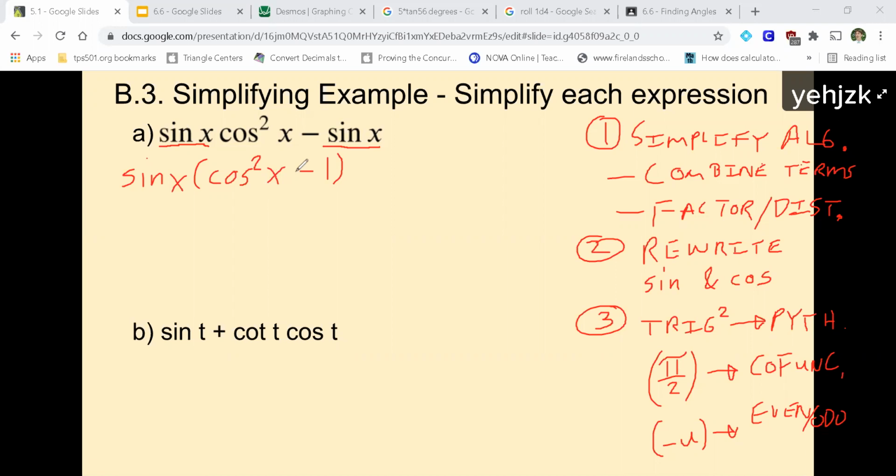The very first one. Sine squared plus cosine squared is 1. Which means that cosine squared is just 1 minus sine squared.